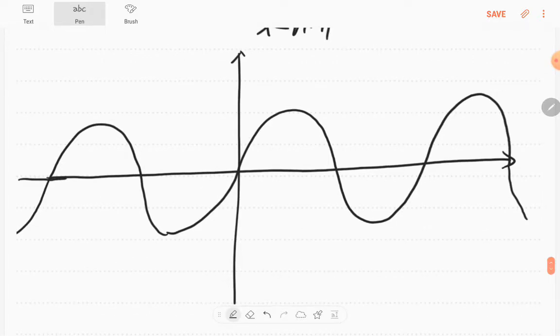Okay, so this is the sine curve, right? The top is 1, the bottom is -1.